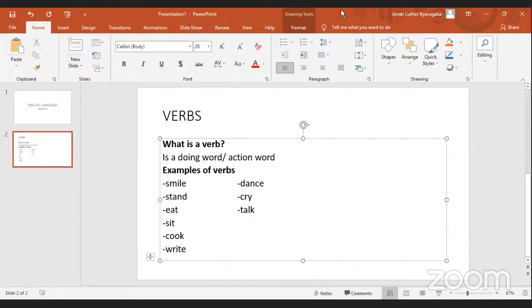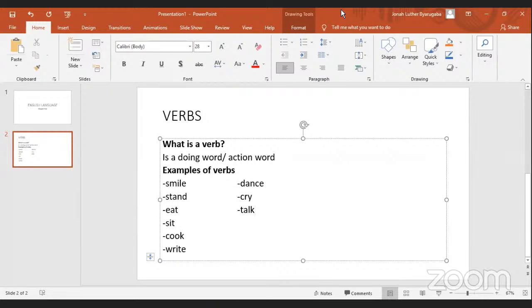So as we wait for others to write theirs and send in, we can take these as examples of verbs. You can see that out of these 10 words, whenever they are spoken, you must respond by an action.